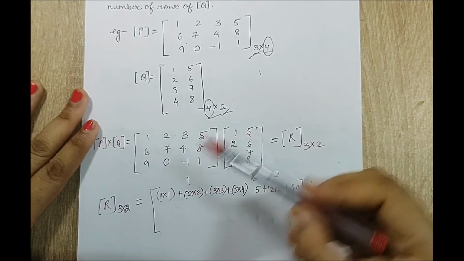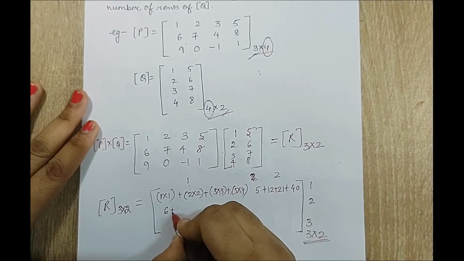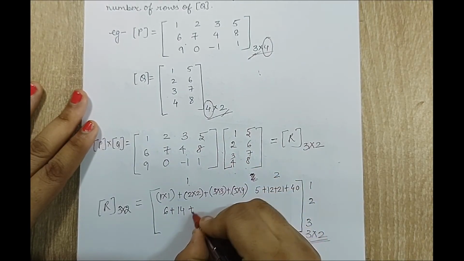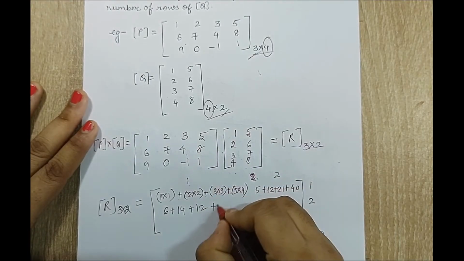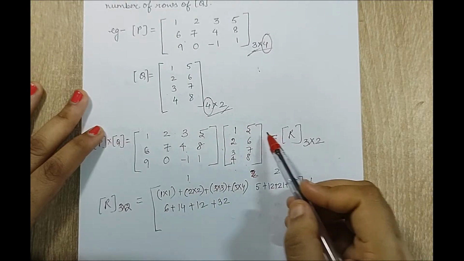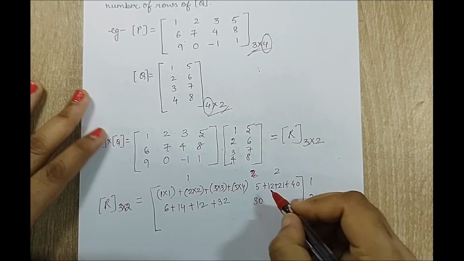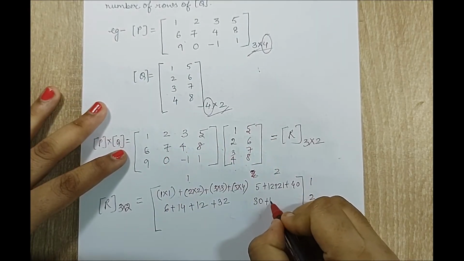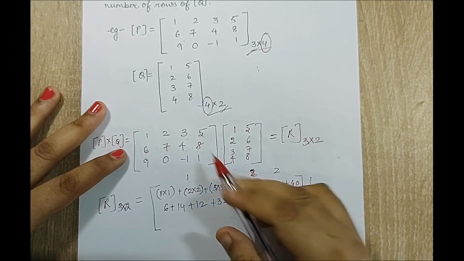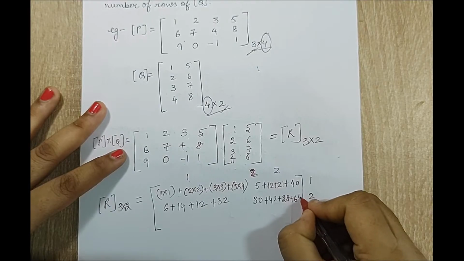So 6 into 1 is 6 plus 7 into 2 is 14, 4 into 3 is 12 and 8 fours are 32. Next for this column I am going to write 6 into 5 is 30, 7 into 6 is 42, 4 into 7 is 28 plus 8 into 8 is 64.